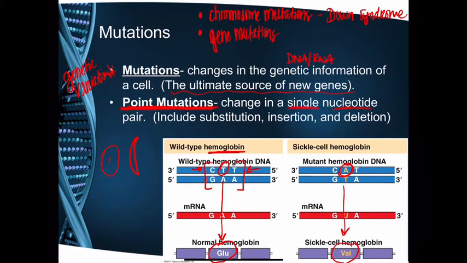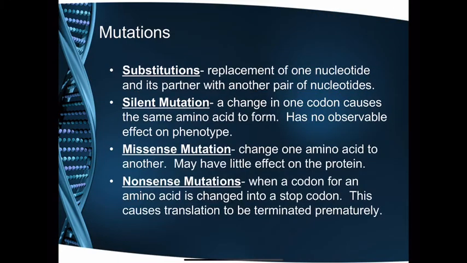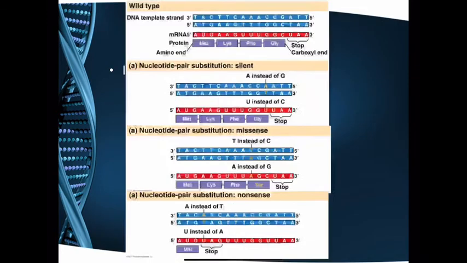It was changed in one place, okay? So there are a few types of point mutations that you can have: a substitution, an insertion, and a deletion. So this is an example of a substitution. You see the T was substituted for the A, okay? So substitution is the replacement of one nucleotide with another nucleotide, okay? I'm going to come back to this in just a second.